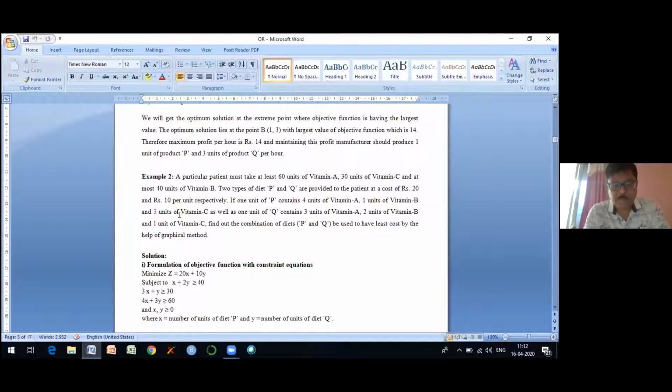So we are talking about the requirement of vitamins for a particular patient. Three essential vitamins are vitamin A, vitamin C, and vitamin B. Now all these vitamins will come from two types of diet.